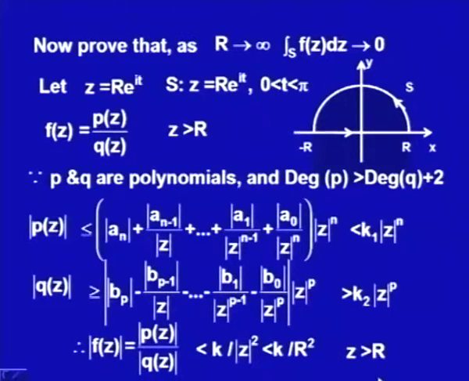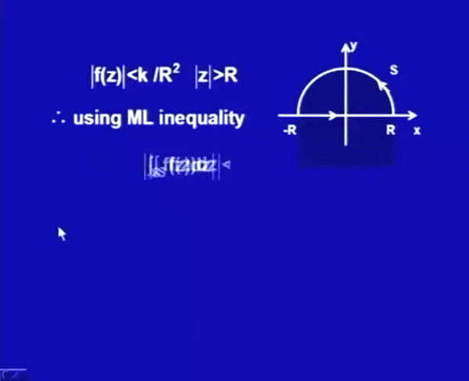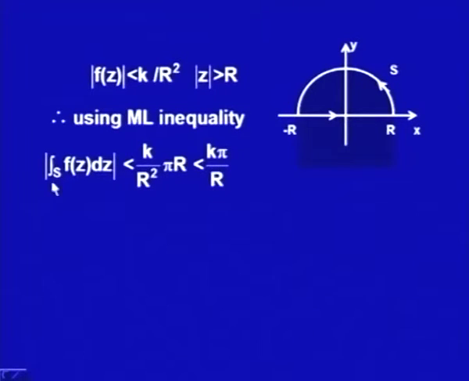Now, what we have found is that the absolute value of f(z) is bounded by k upon r squared when mod z is greater than r, and so we use the ML inequality for the integral of f(z) dz on the contour S. Using the ML inequality, this absolute value, when it is on this r, we are saying that some r_0 we have taken and it is greater than.